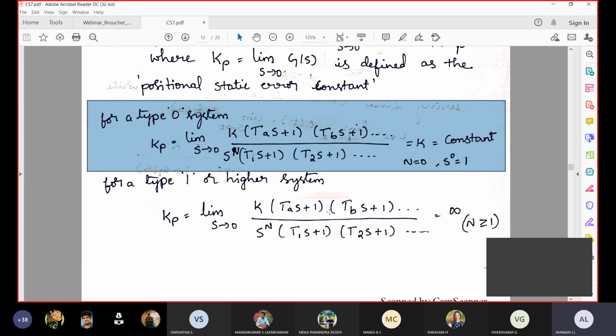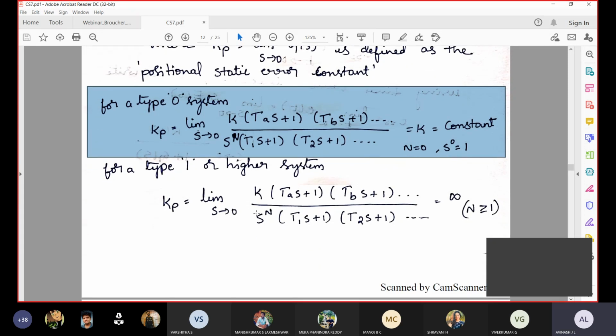So similarly, when n is greater than or equal to 1, the minimum value we take is n equal to 1. So n equal to 1 means s to the power of 1. Once we replace n equal to 1, replace the value of s equal to 0 here.